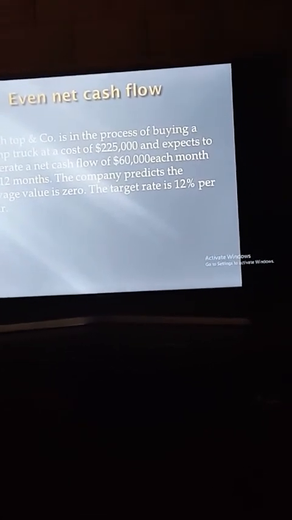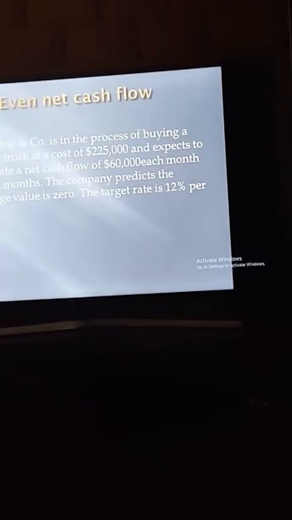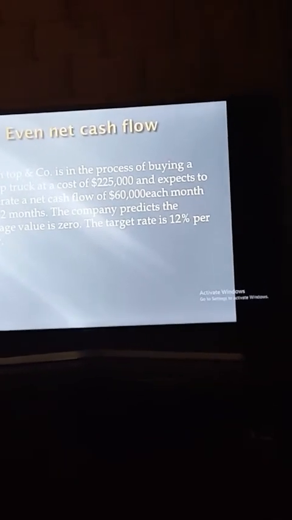Looking at this example, you can see that some of the variables are the initial investment of the company, which is $225,000, and it expects to get $60,000 each month from the investment.